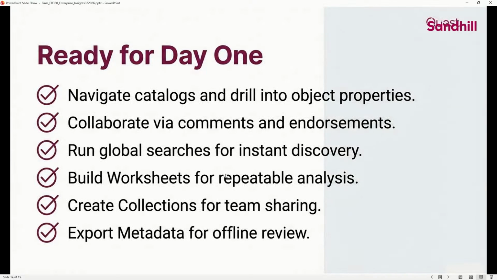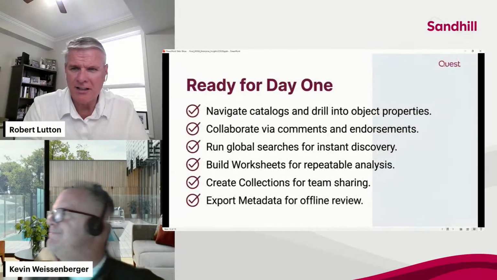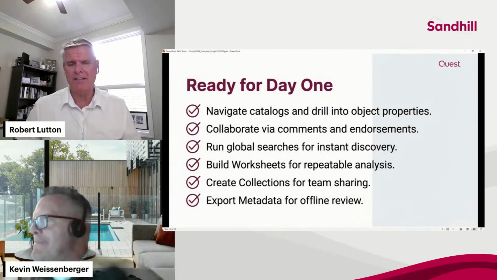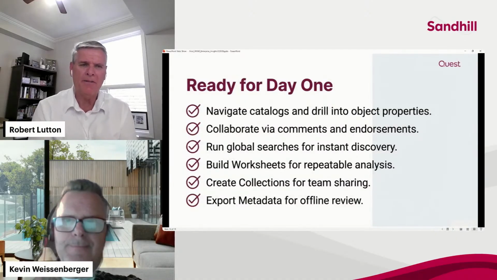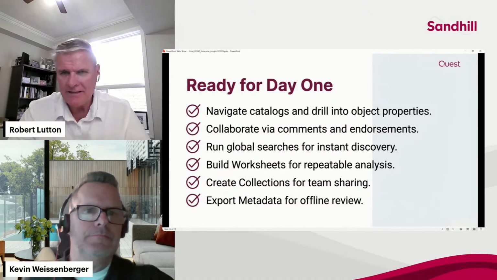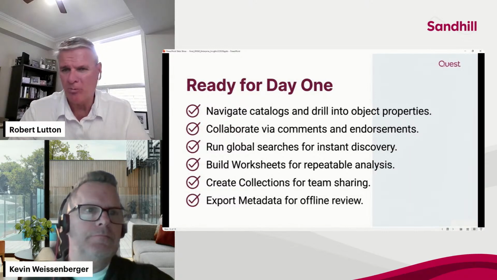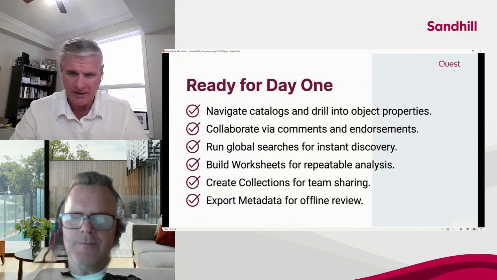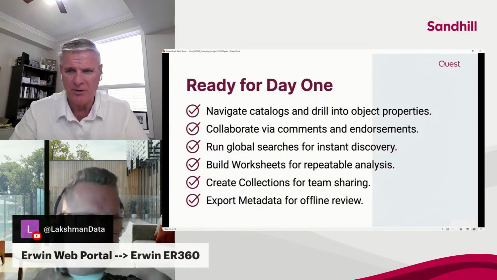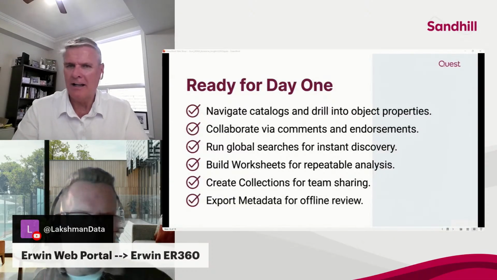And I believe we went over, Robert, I don't know if you wanted to speak to this one. Yeah, I'll close it out, Kevin. Thank you very much indeed. As our friends have posted in the comment there, ER360 is the replacement of the Erwin web portal, which has now been deprecated from Quest. So that is a good point to note there.